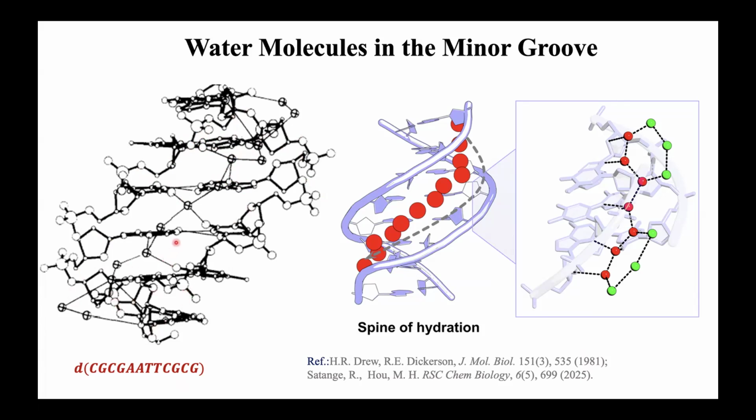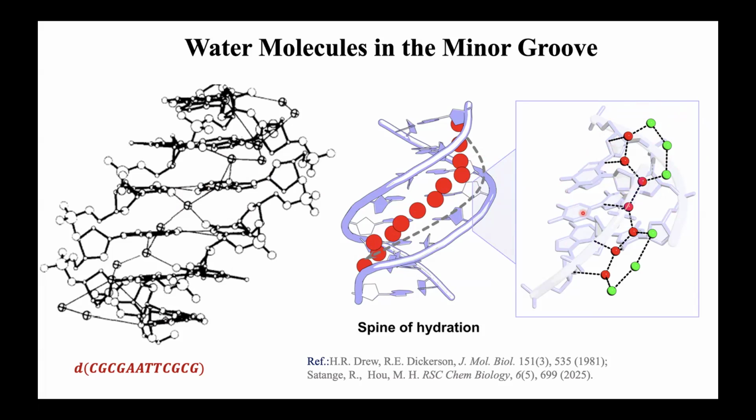As a result, such an ordered structure is formed in the minor groove. These water molecules, let's say from the first layer, can also make contacts with the water molecules surrounding them, and as a result, it is shown that in the minor groove a ribbon composed of water hexagons is formed.